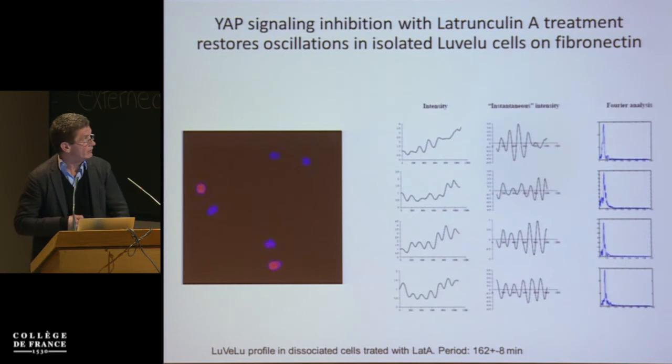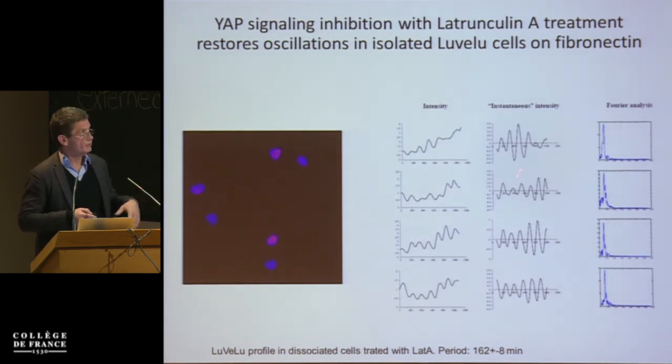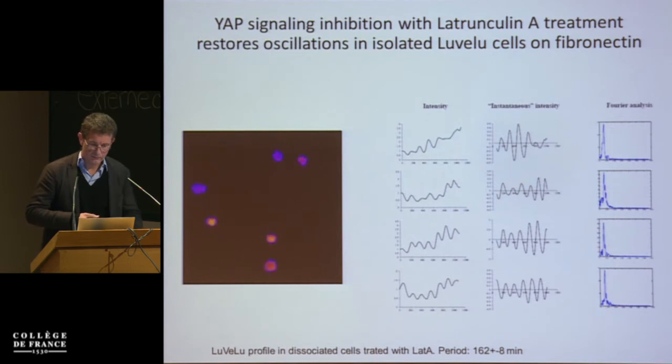And so Alexis was able to show that by treating cells cultured on fibronectin that would stop oscillating with a drug that inhibits YAP signaling, which is latrunculin A, which arguably does a lot of other things than inhibiting YAP signaling because it blocks the polymerization of actin. But surprisingly, when you treat the cells that normally stop oscillating with this drug, you see that they resume normal oscillations, even though they're very clearly strongly affected by the treatment.